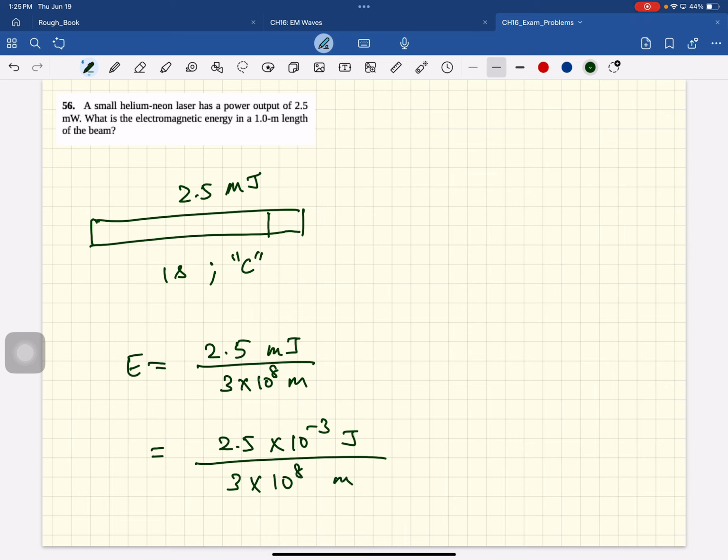And so this works out to 8.33 times 10 to the minus 12 joules per meter.